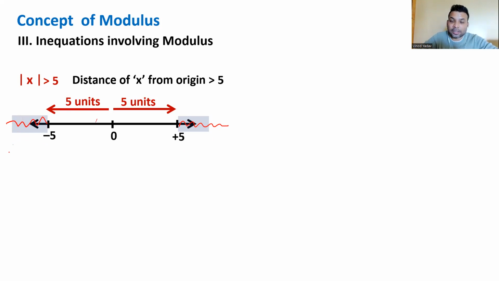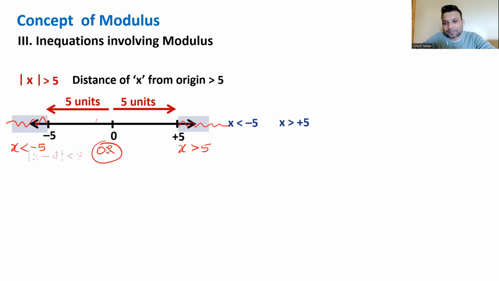Here x is less than -5 and on that side x is more than 5. Of course, both of them cannot be true at the same time. So which word will be there in between? Yes, or: either this or that. Understood this much?